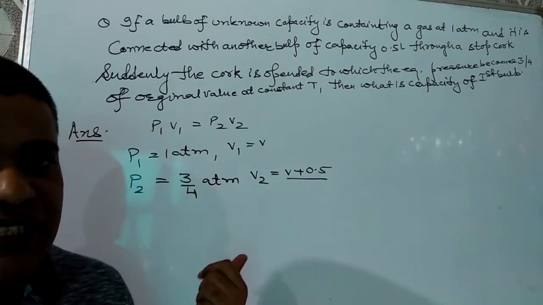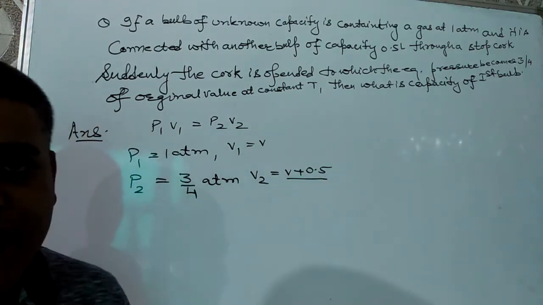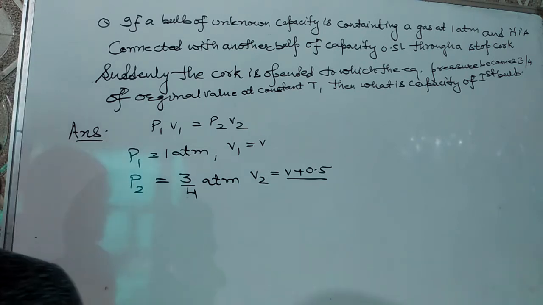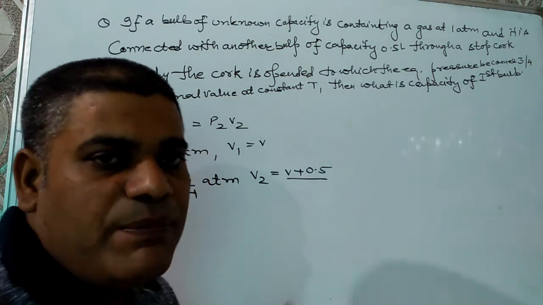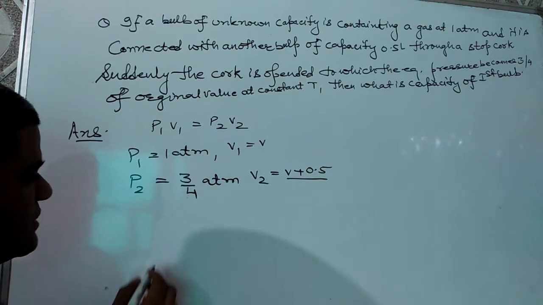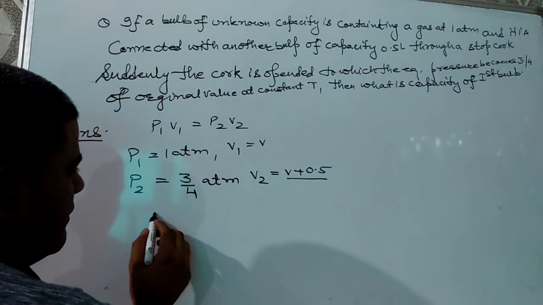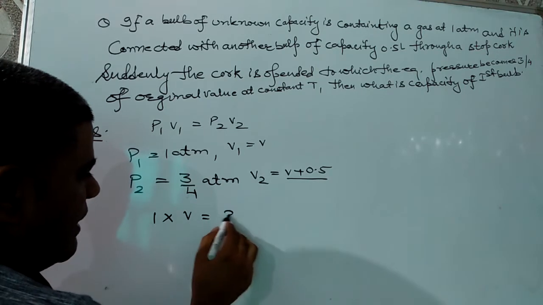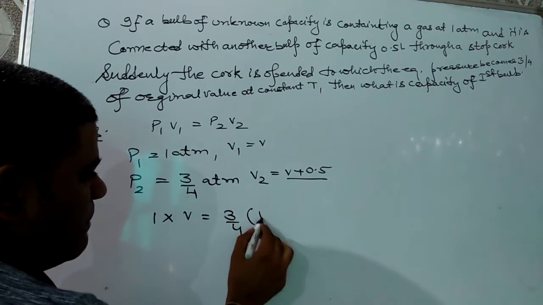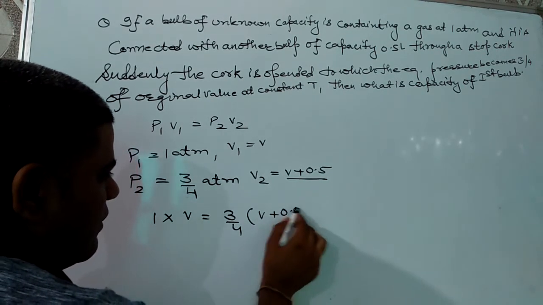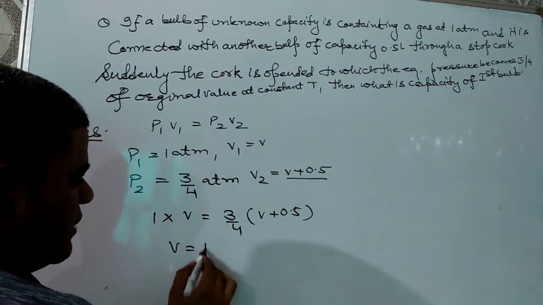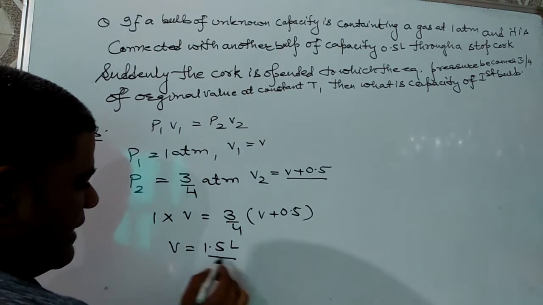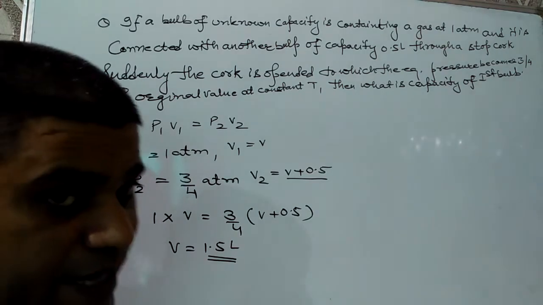Generally students make the mistake of taking V2 as 0.5, and that's why their answer will be wrong. Putting these values, P1 is 1 atmosphere, V1 is V, P2 is 3/4 and V2 is V plus 0.5. From this we get V comes out to be 1.5 liter. This is a very important numerical.